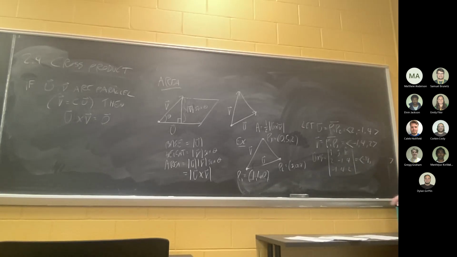Then we have -4, -4, so it's -8. Then we have 8 minus 1, 7.